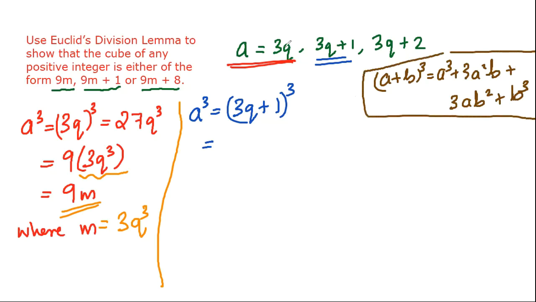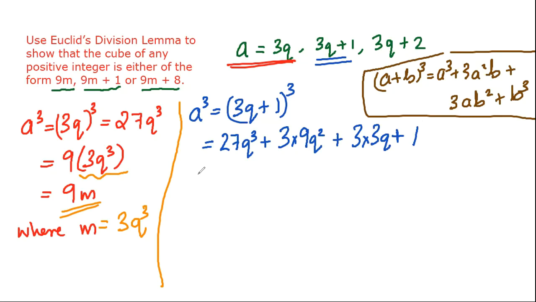I am applying this here and I will get a cube, that is 27q cube, plus 3a square b, 3 into 9q square into b, plus 3ab square, 3 into 3q, plus b cube, which is equal to 1.